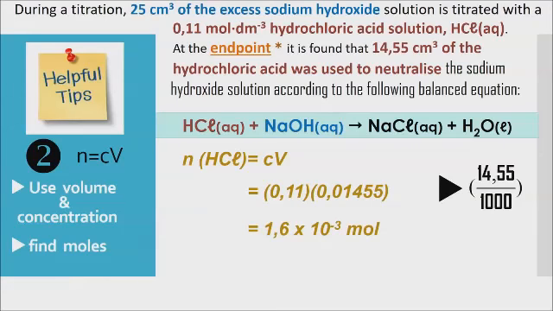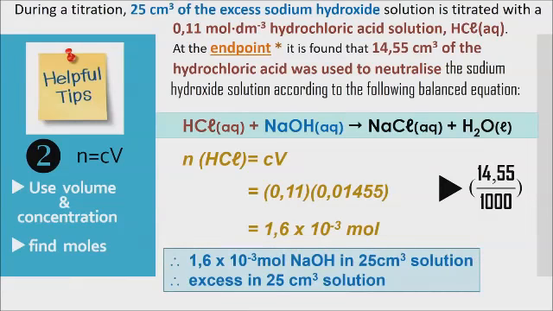Now what am I going to do with it? Because it's 1 to 1, that must also be the number of moles of excess sodium hydroxide in 25 cubic centimeters.